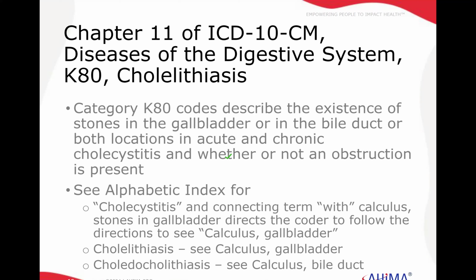Then we have to look carefully at the subterms for with, calculus, and then it'll tell us to see, in other words, go directly to the main term calculus, bile duct, with cholecystitis.